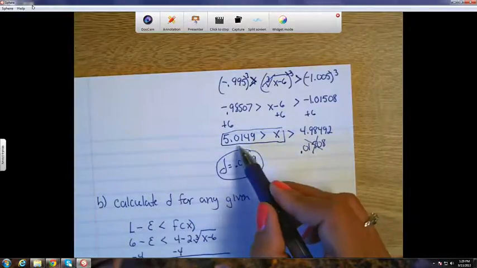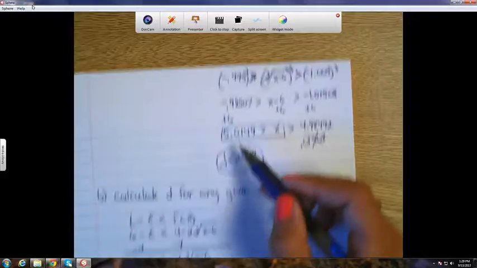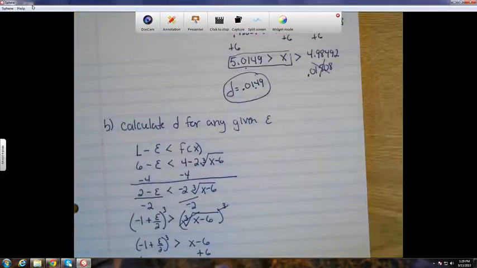We subtracted 5. So I have to do the same thing down here. I've got to take this whole thing and subtract 5 to get the distance away, which will be my delta. So what I can combine here is the 6 minus 5, and that gives me 1 plus negative 1 plus epsilon over 2 cubed is my delta. So that's the expression for any given epsilon.